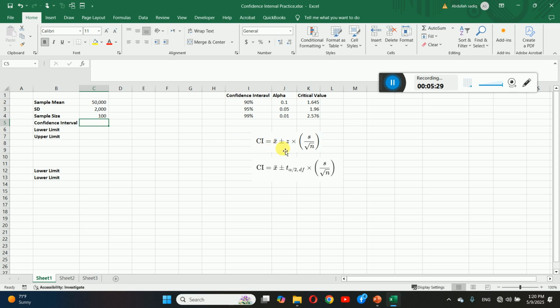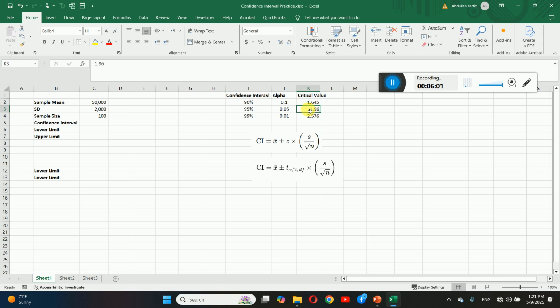I have taught you how to find the confidence interval using this function. In this function, we need X bar, the critical value, which is the z score, and then S divided by the square root of n. If you construct a confidence interval based on 95%, the critical z value is already here.